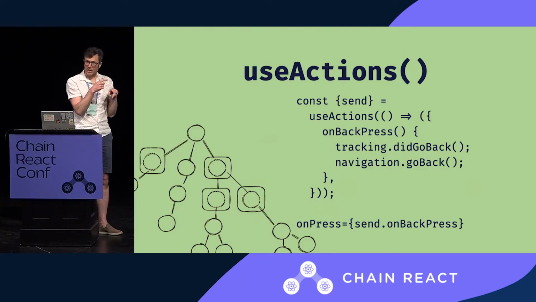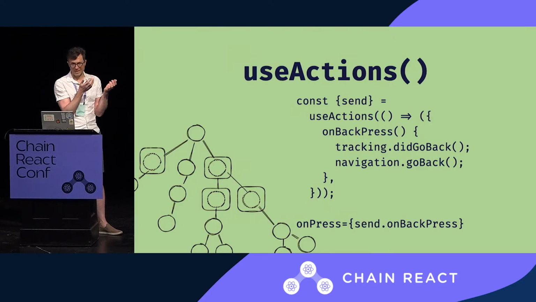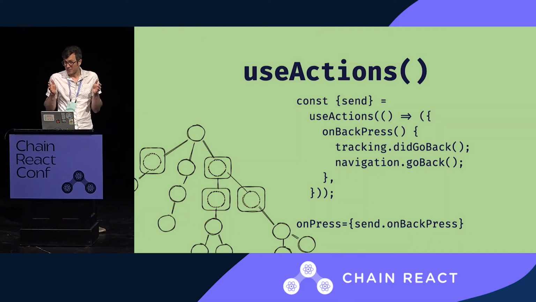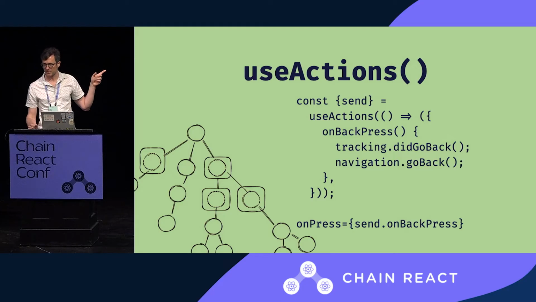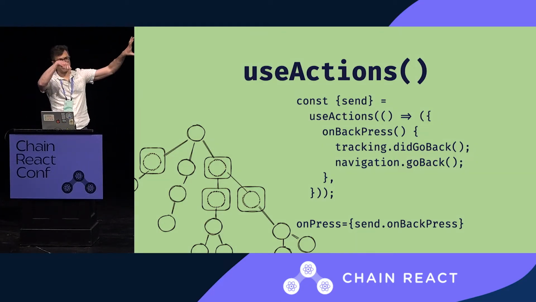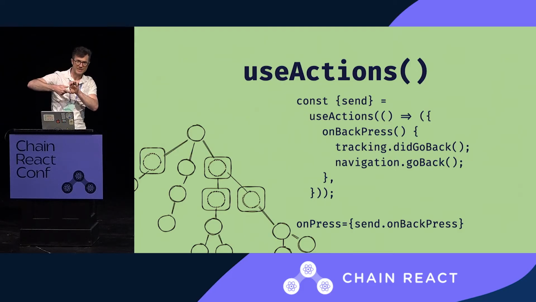And everything it returns is referentially stable. Maybe it doesn't matter, but it's very cheap to make the return value stable. So send is stable, and onBackPress is also stable. The trick it uses is the same one that was proposed with useEvent: on the way in, it picks up the new function instance and puts that onto the already existing object.